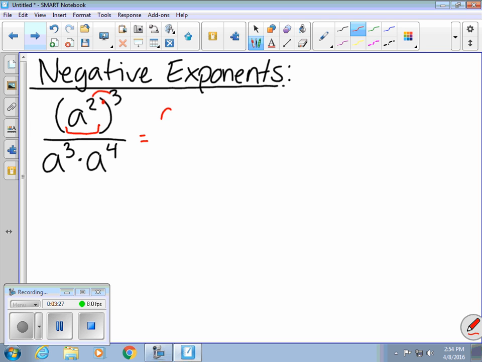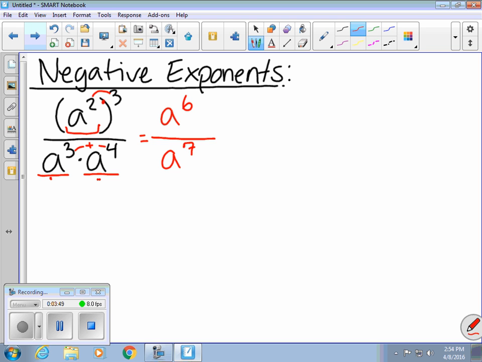That's going to give us a to the 6th power in the top. Now in the bottom, I have a to the 3rd times a to the 4th. So I have 3 a's here. I have 4 a's there. And so altogether, I have 7 a's, or a to the 7th power.